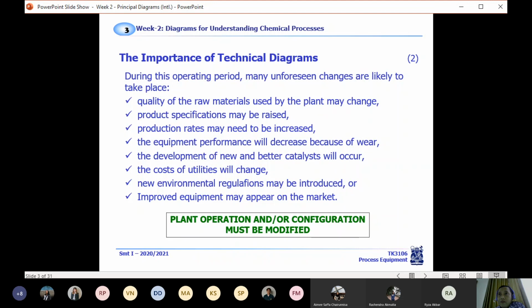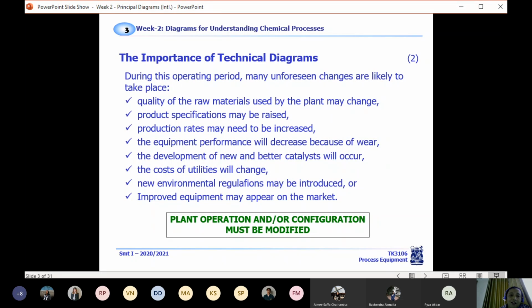This is the best way to make other parties, your boss, or other engineers understand the difference between the operation of today and other days. This is the very common way for chemical engineers in the plant to deliver the different operation condition.